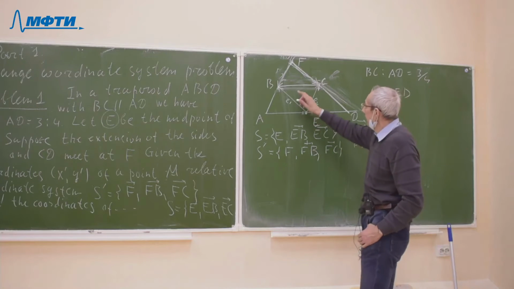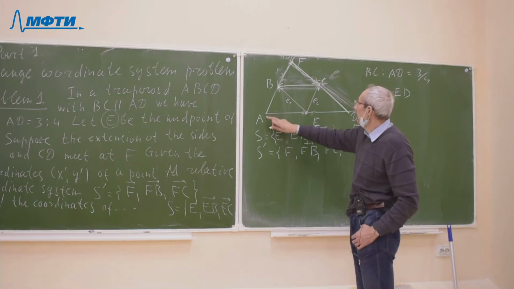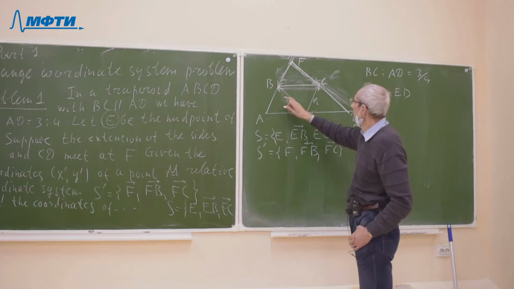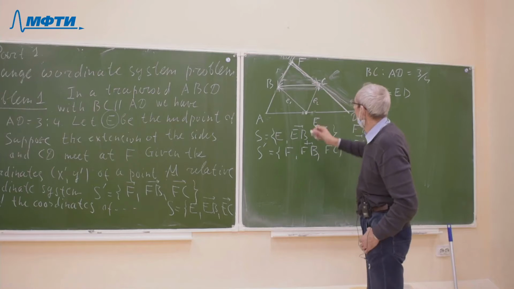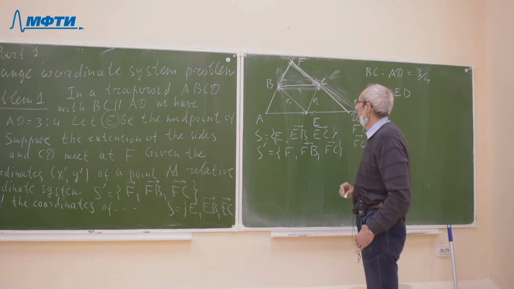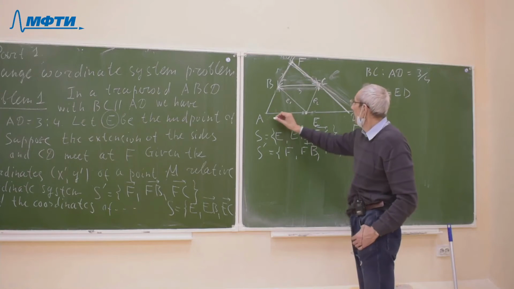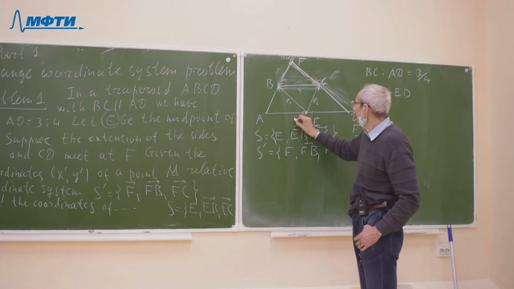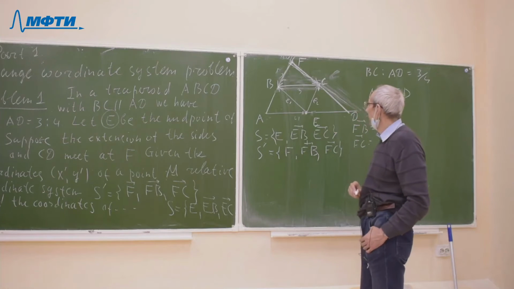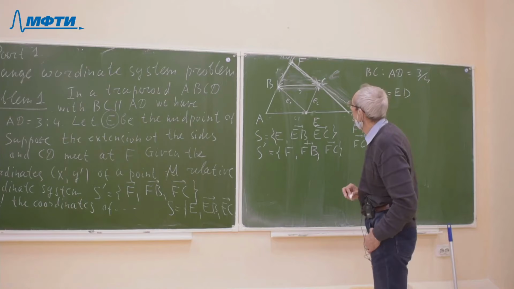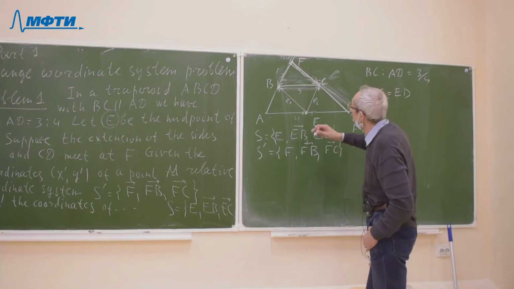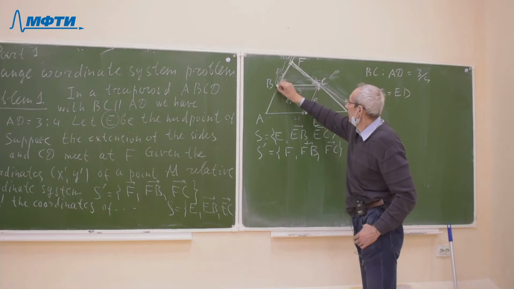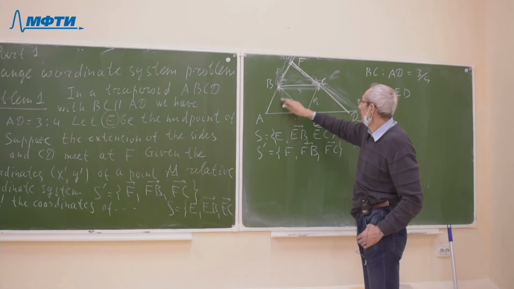We have two similar triangles, AFD and BFC, and this side is 3 units and this is 4 units. And we can calculate the ratio of this one and this one.